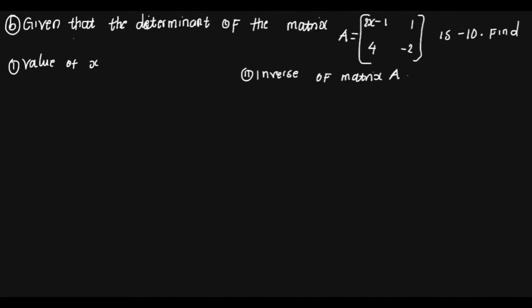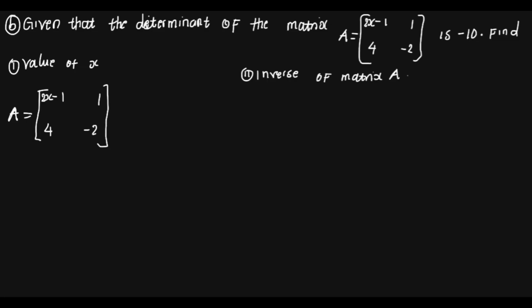Question 4b, given that the determinant of the matrix A is -10, find the value of x. Okay, so let's look at how we can find the value of x given the determinant. So matrix A has entries 2x minus 1, 1, 4, -2.